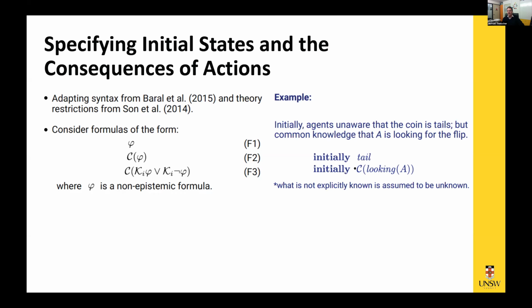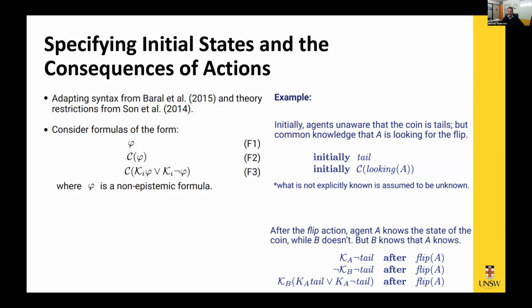And it is common knowledge that only one agent is actually looking, and this would be agent A. It is implicitly assumed that what is not explicitly known is unknown. So in particular, it is not known whether the coin shows tails or not.